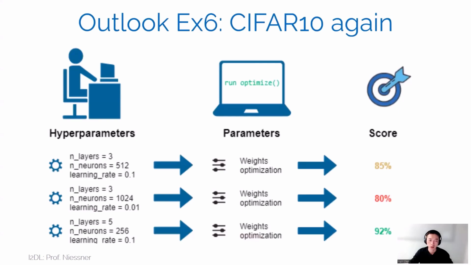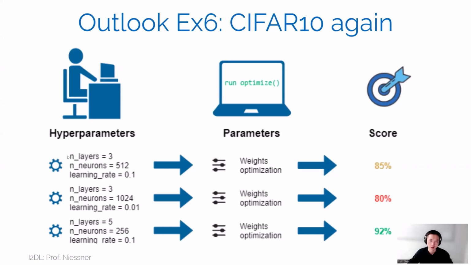And at last, I also want to give a little bit of an outlook on exercise 6. We will use CIFAR-10 again, but we will build on what you write here in exercise 5 to do the hyperparameter tuning. It's actually quite important.